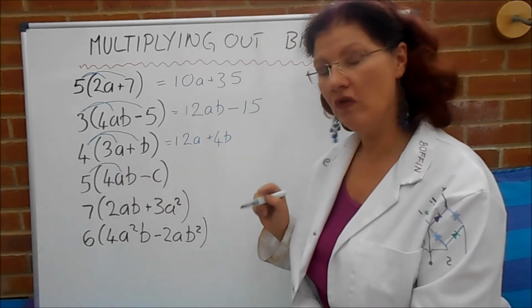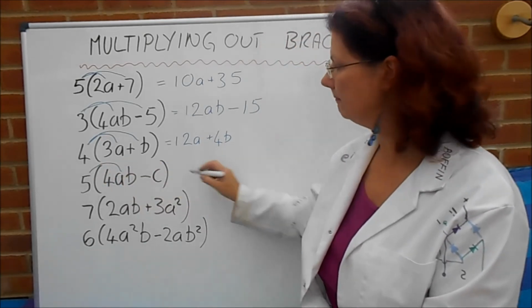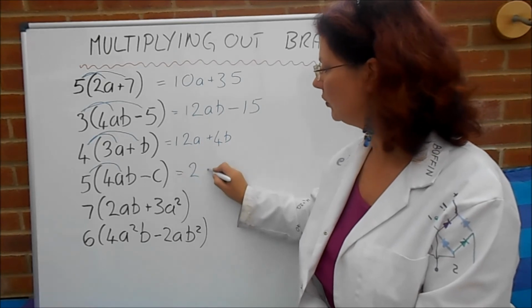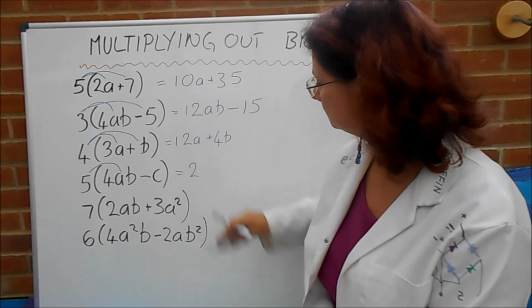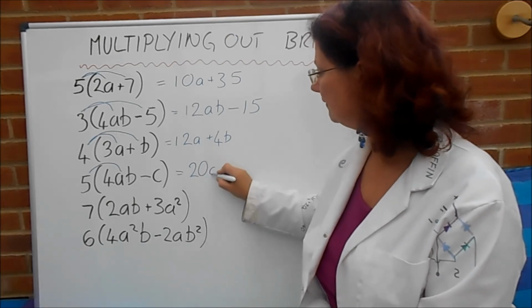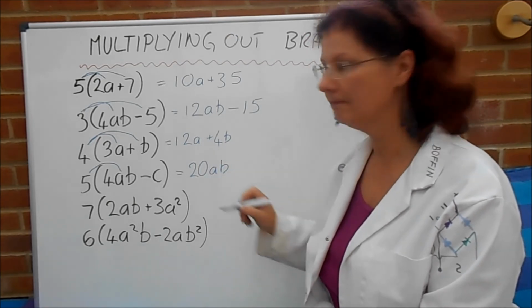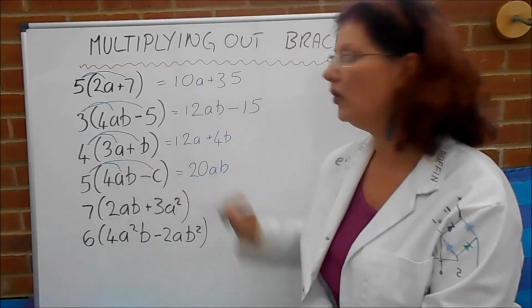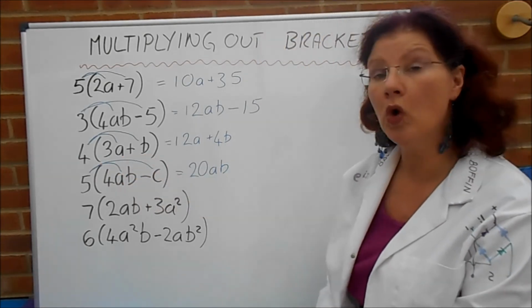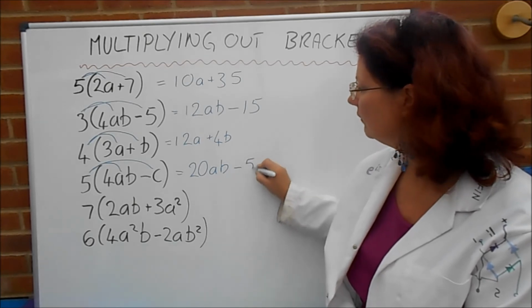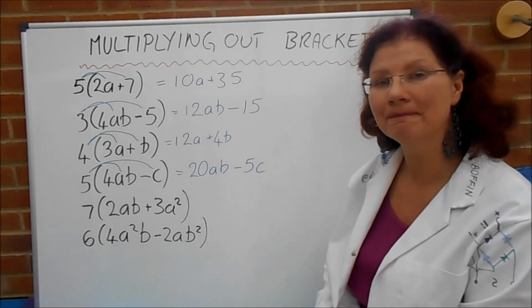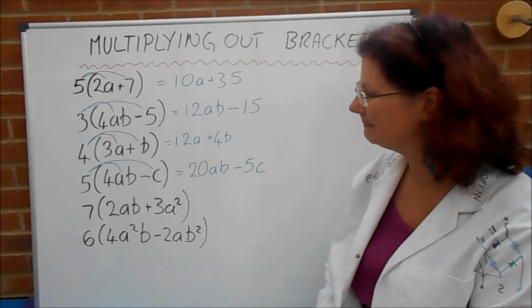5 lots of 4 times A times B gives us 20, whoops, I wrote 2 there, 20AB. And then 5 lots of -C, remembering there's a 1 in front of that C, so it's 5 times 1, minus 5C. Okay, hope you're getting all these.